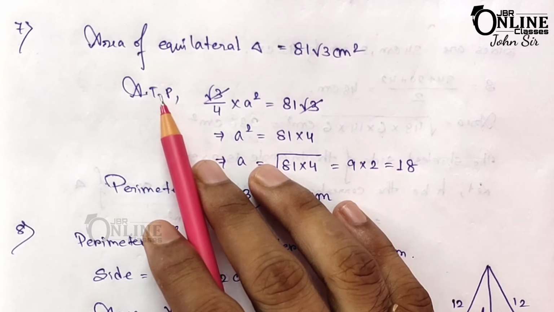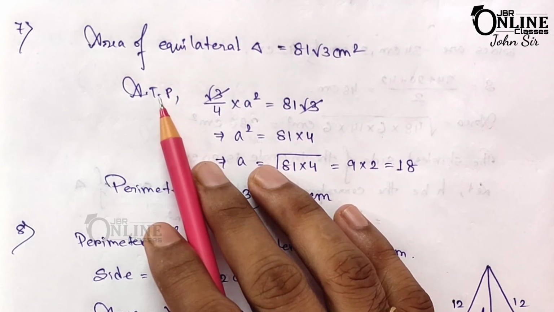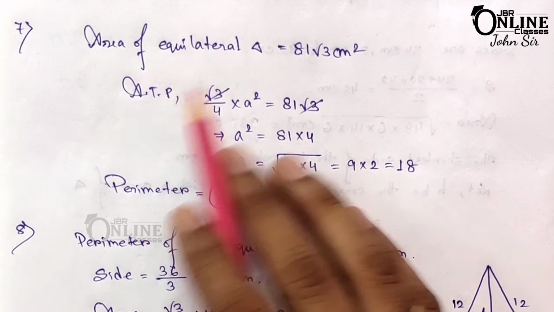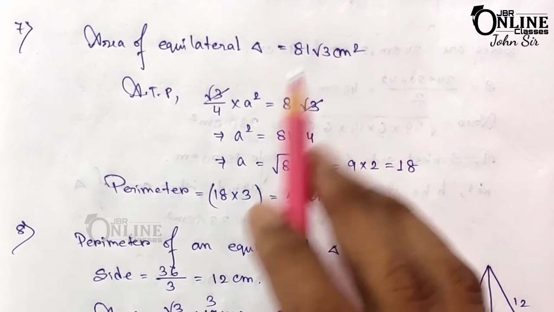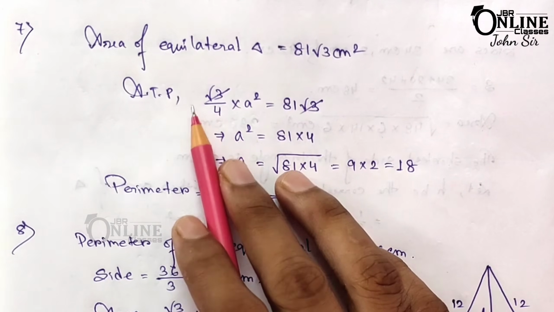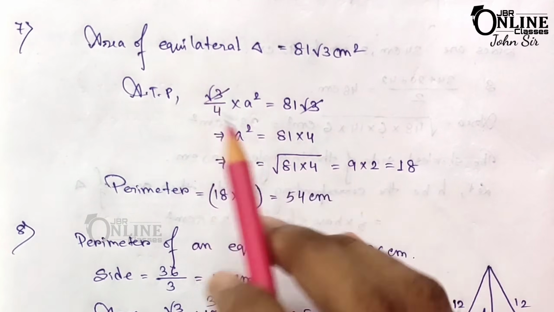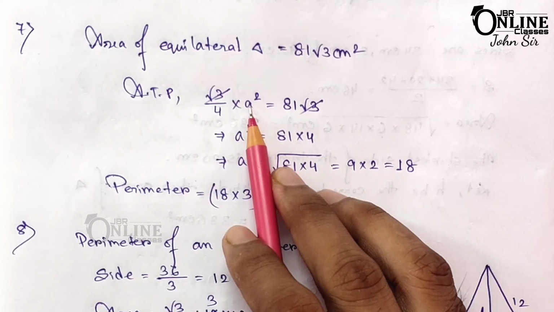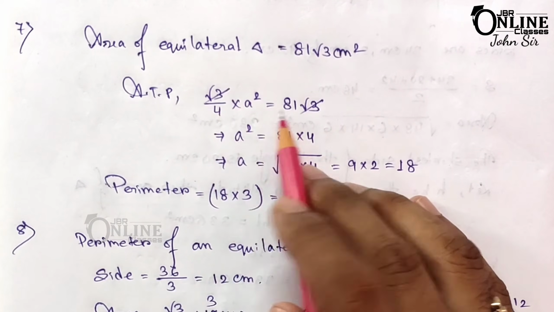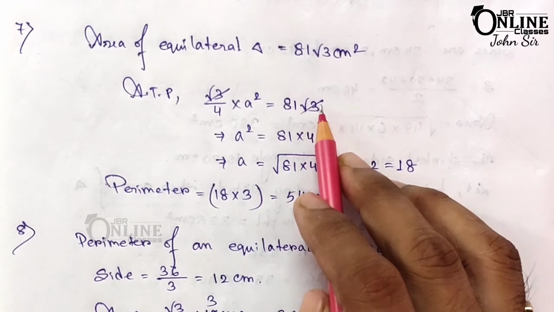Now next, sum number 7. If the area of an equilateral triangle is 81 root 3 centimeter square, then find its perimeter. So as you know the formula of the area of an equilateral triangle, that is root 3 by 4 into a square. Here a means the equal sides of the equilateral triangle, and that equals 81 into root 3, it's given.